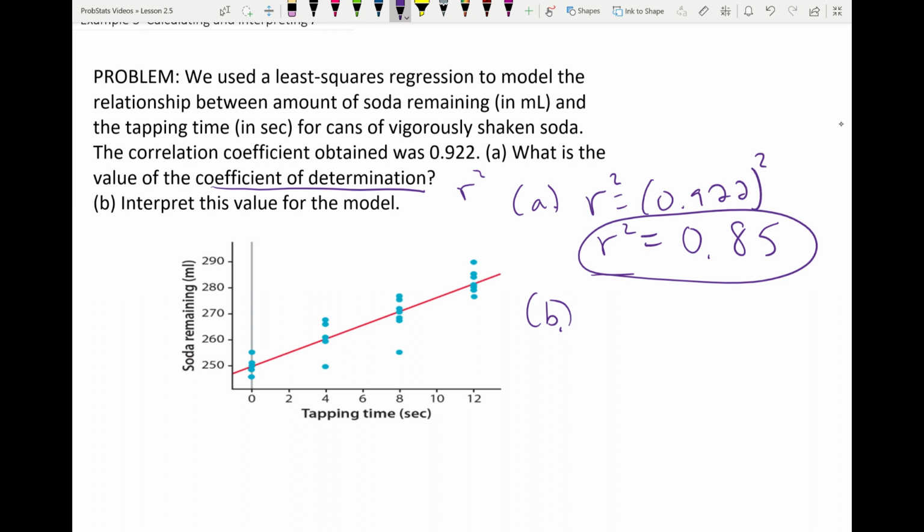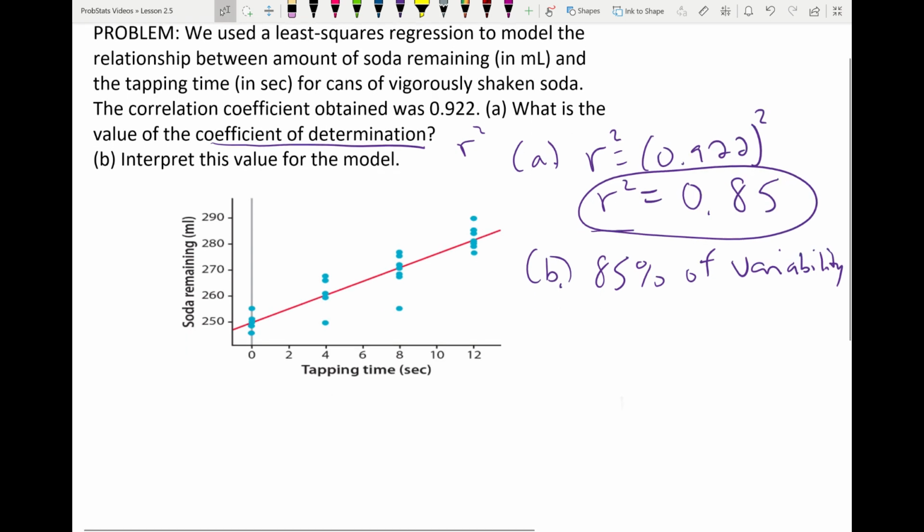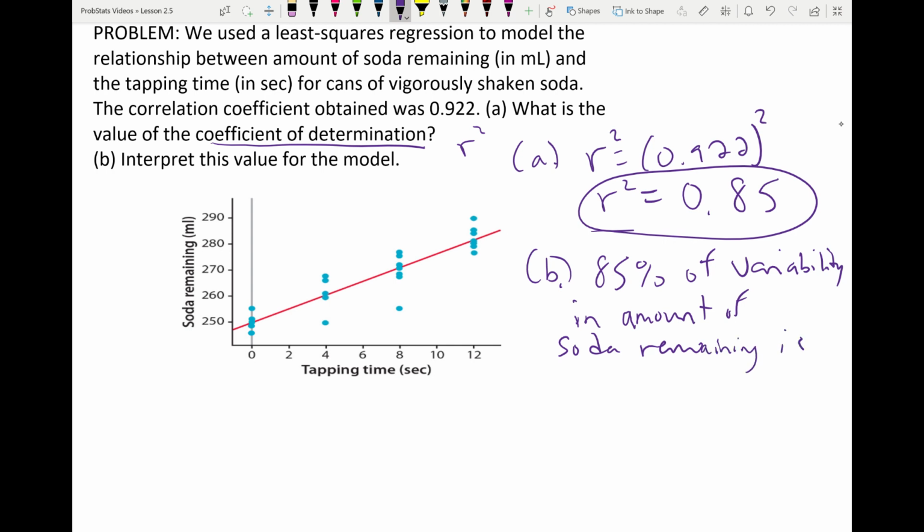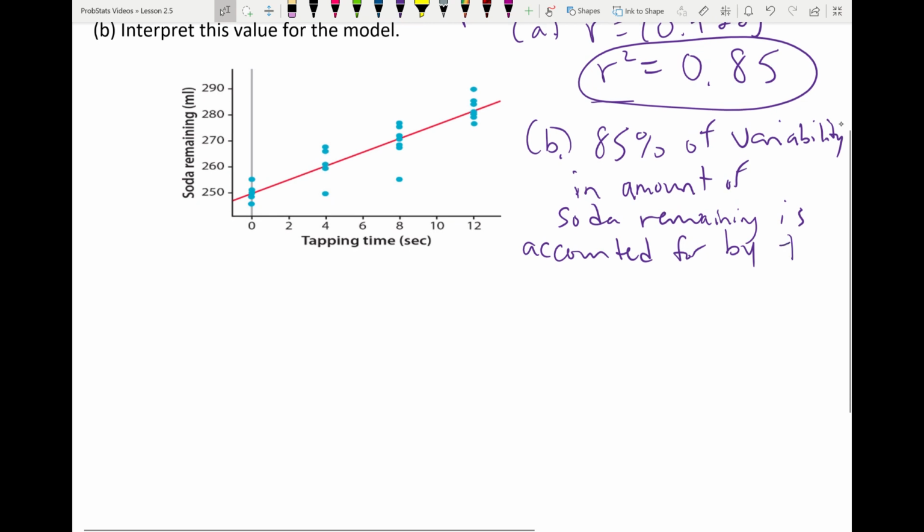This means that 85% of the variability in the amount of soda remaining is accounted for by the least squares regression line.